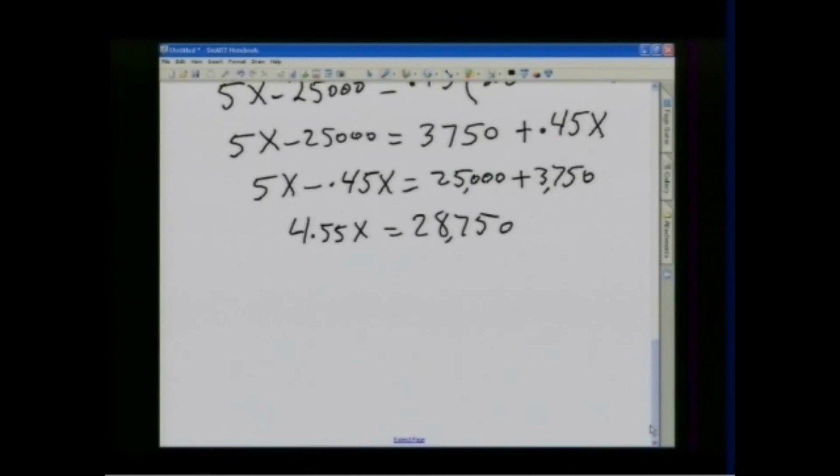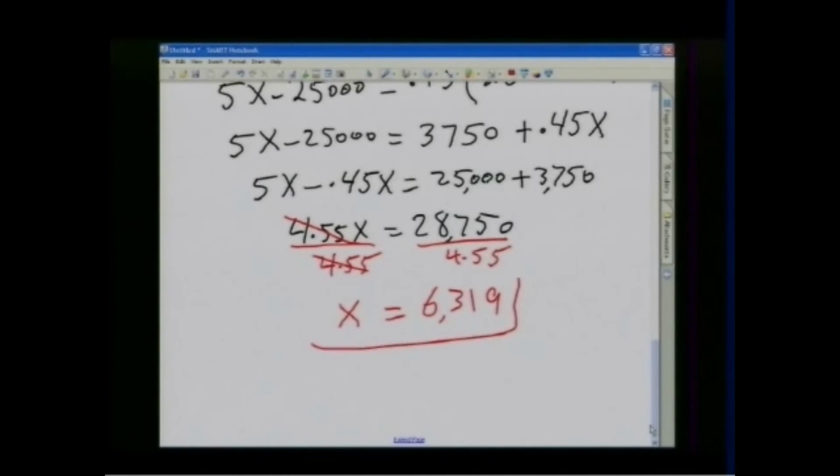Divide both sides by the coefficient of x, which is 4.55, and 4.55 cancels on the left-hand side. x would be 28,750 divided by 4.55, which is approximately 6,319.